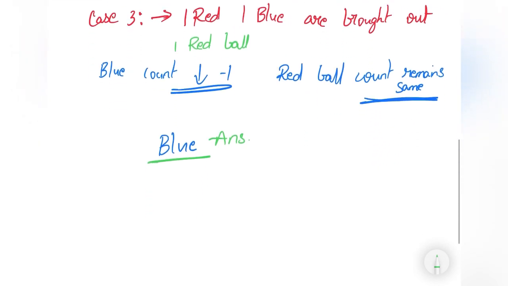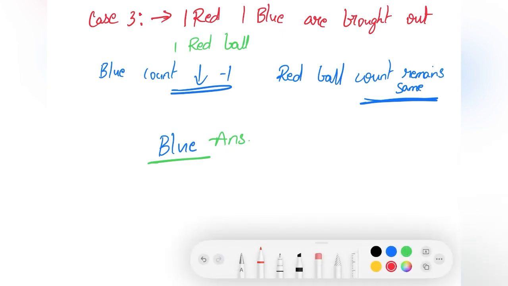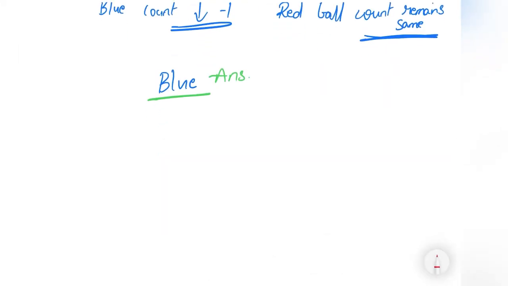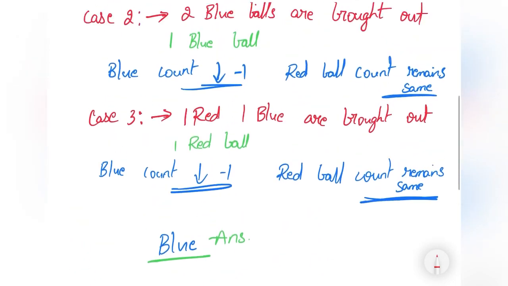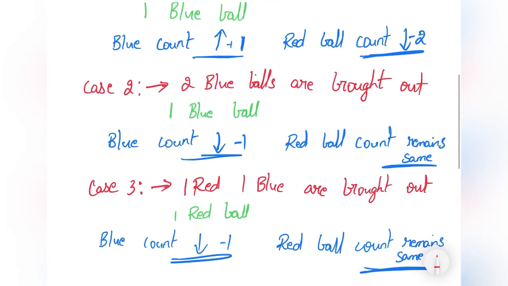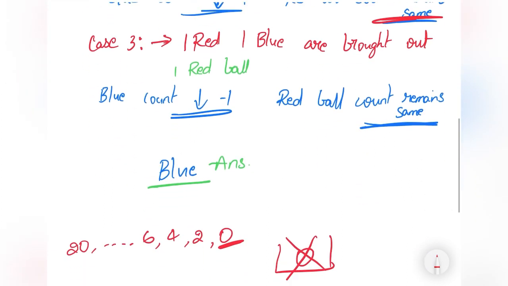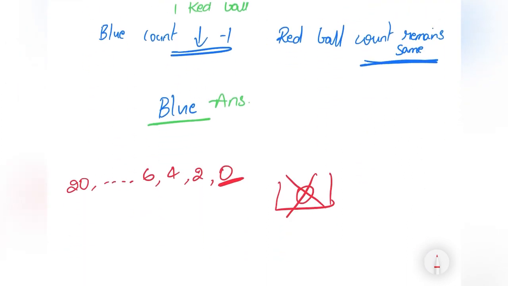Why? Because the red ball count is always an even number. From 20 eventually it goes to 6, then to 4, then to 2, and then finally it reaches 0. You will never be left with only one red ball in the box because it is always reduced by 2 or remains the same.